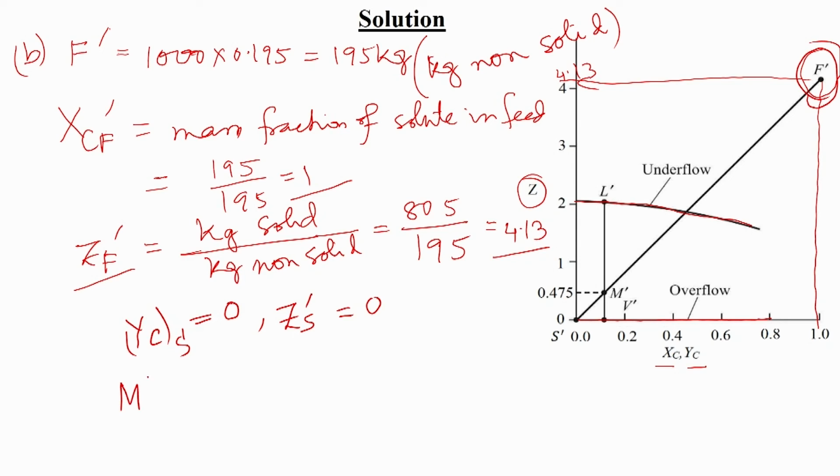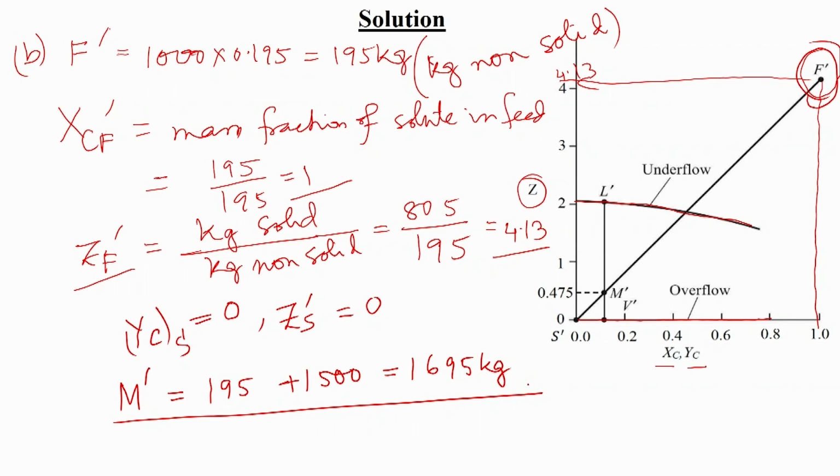Now this M prime is the total mixture on a solid free basis. From the feed we get 195 kg, and from the extracting solvent we get the entire 1500, because it is pure solvent. So it is coming out at 1695 kg. Okay, so the total mixture is like this.